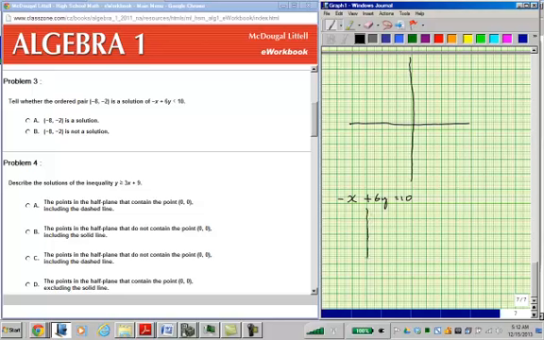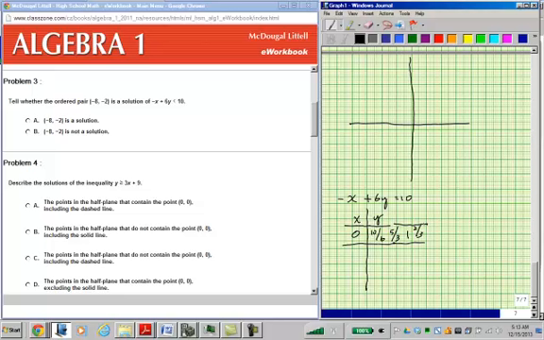Since all of these are in standard form, we'll just calculate the intercepts. Put in 0 for x, we get 6y equals 10. So when x is 0, y is 10 over 6, which is 5/3, which is 1 2/3. Not that hard to graph, about 1 1/2.